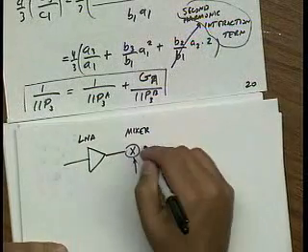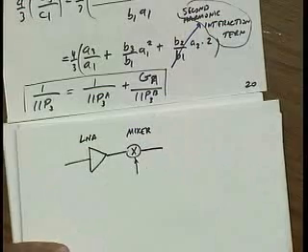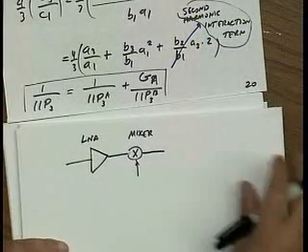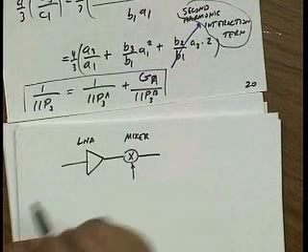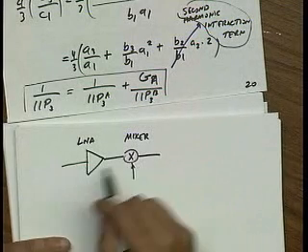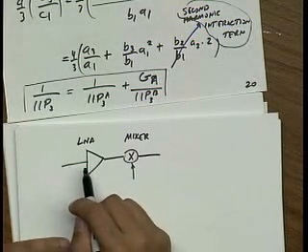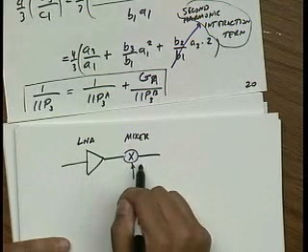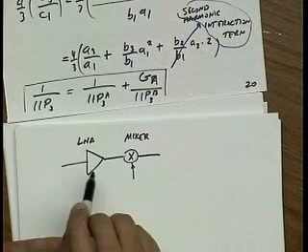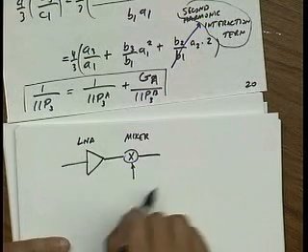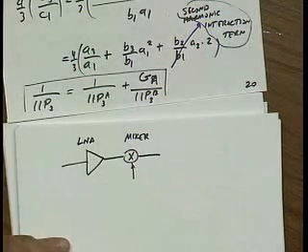And you'll find out later on that mixers tend to be pretty nonlinear. It's pretty hard to design a very linear mixer. So this will have a pretty low input IP3. And if I input refer that, that's going to be even lower. So I may get into a situation very easily where if I don't pick my components right, the linearity of the whole system is dominated by the linearity of the mixer.